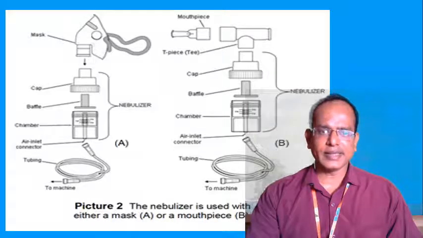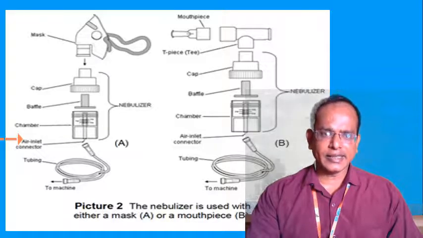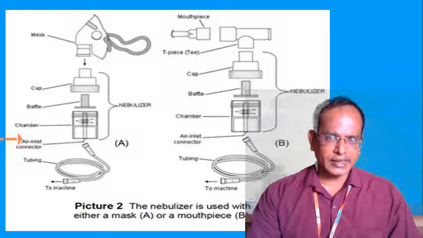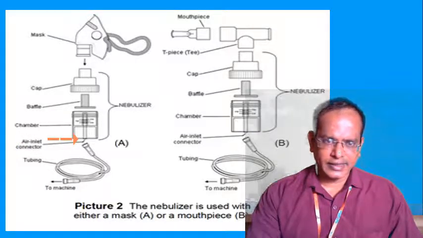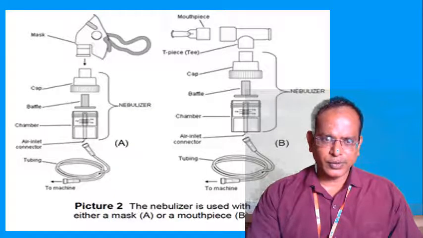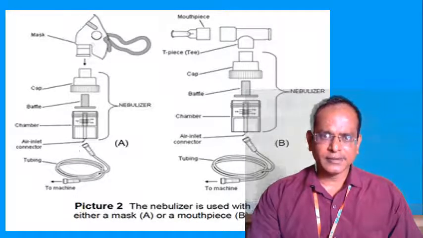Below the chamber there is an air inlet valve, and the air inlet connector is connected with a tube. One end of the tube is connected to the air inlet of the nebulizer. The other end of the tube is connected to the electrical machine.